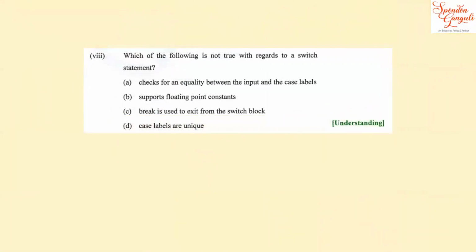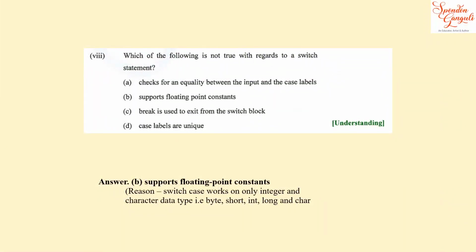Next, which one of the following is not true with regards to a switch statement? Checks for equality between the input and case label. Supports floating point constants. Break is used to exit from the switch block. Case labels are unique. B, supports floating point constants, is invalid, whereas the rest are all valid here.